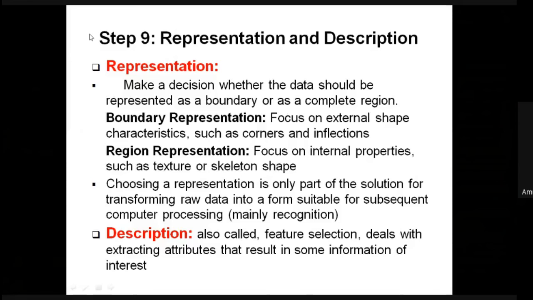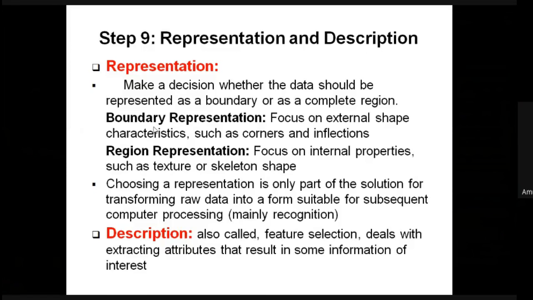Okay. Step 9 is representation and description. So, how to represent an object? For example, boundary representation or region representation. In boundary representation, we only consider the outer part or corners, focusing only on the external shape characteristics. But in region representation, we focus on internal properties like texture and skeleton shapes.